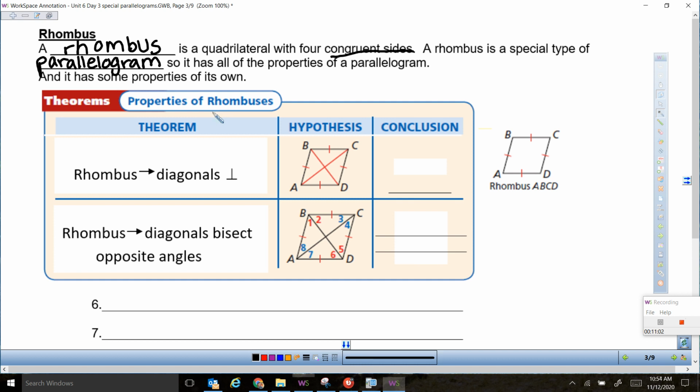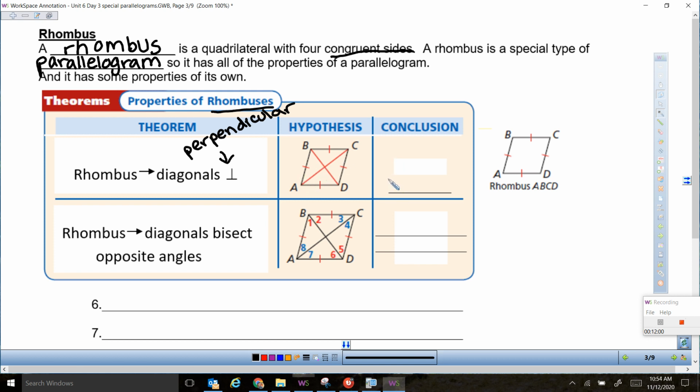So these two properties are for rhombuses. Okay, so if a quadrilateral is a rhombus, that means that the diagonals are, what does this symbol mean right here? Perpendicular. So if you forgot, that symbol means perpendicular. So in a rhombus, the diagonals are perpendicular. Looking at this diagram, BD is perpendicular to AC.